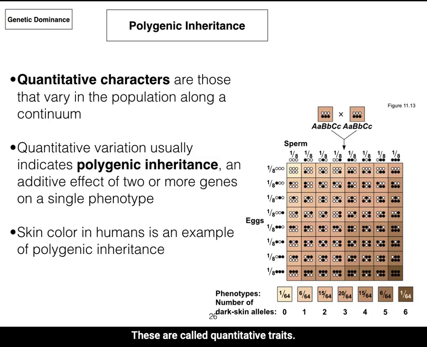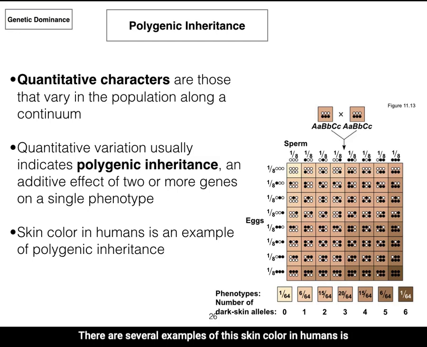These are called quantitative traits. Quantitative traits or quantitative characters are those that vary in the population along a continuum. Quantitative variation usually indicates polygenic inheritance, an additive effect of two or more genes on a single phenotype. There are several examples of this.